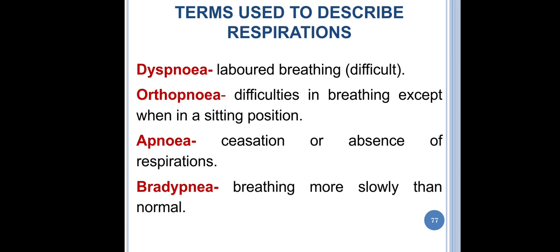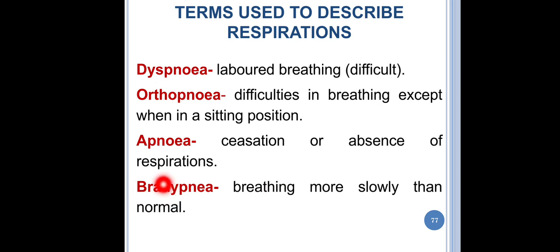You also find some terms like dyspnea, which is labored breathing. There's also orthopnea, which is difficulty in breathing except when one is in a standing or sitting position. Take note of these definitions. There's also apnea, which is the cessation or absence of respiration. Then there's bradypnea, which is breathing more slowly than normal.